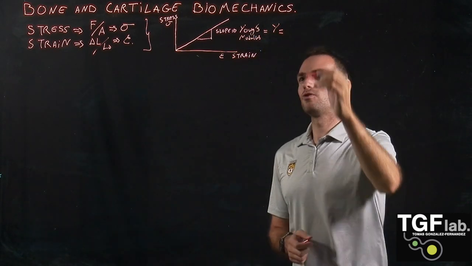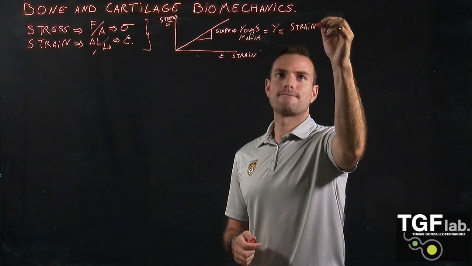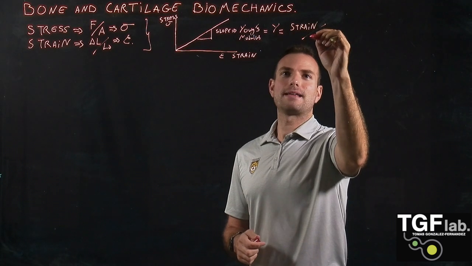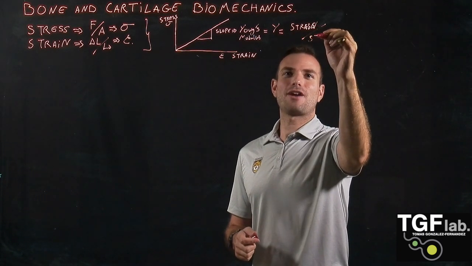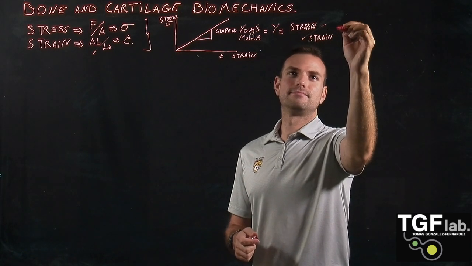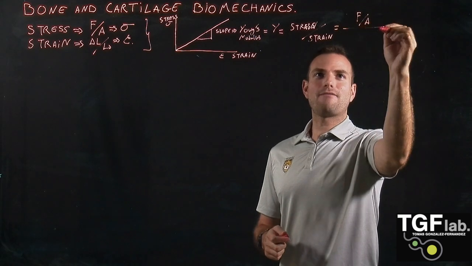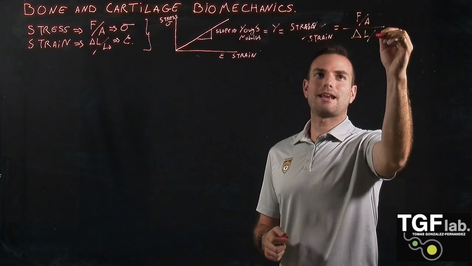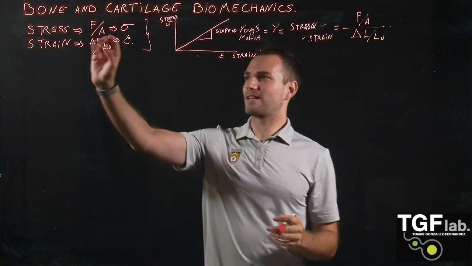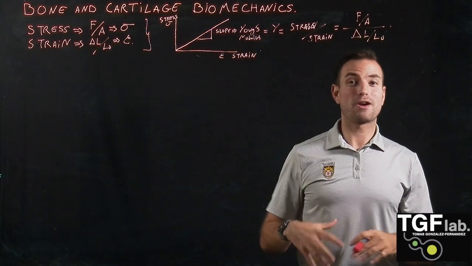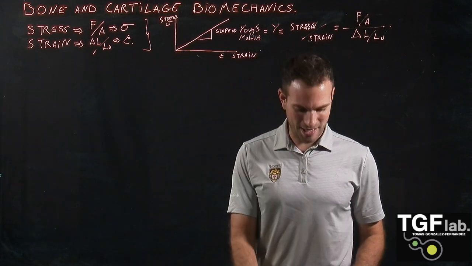So the Young modulus is the stress divided by the strain, so it's equal to force divided by area, and everything divided by the change in length. Okay. So this is really important. The stress, the strain, and the Young modulus are very important to understand the different concepts that we are going to look at in this lecture today.